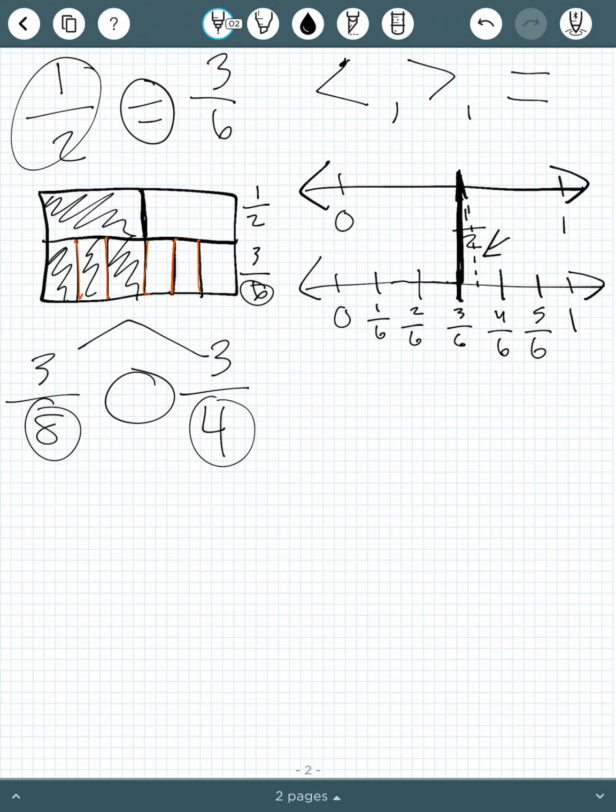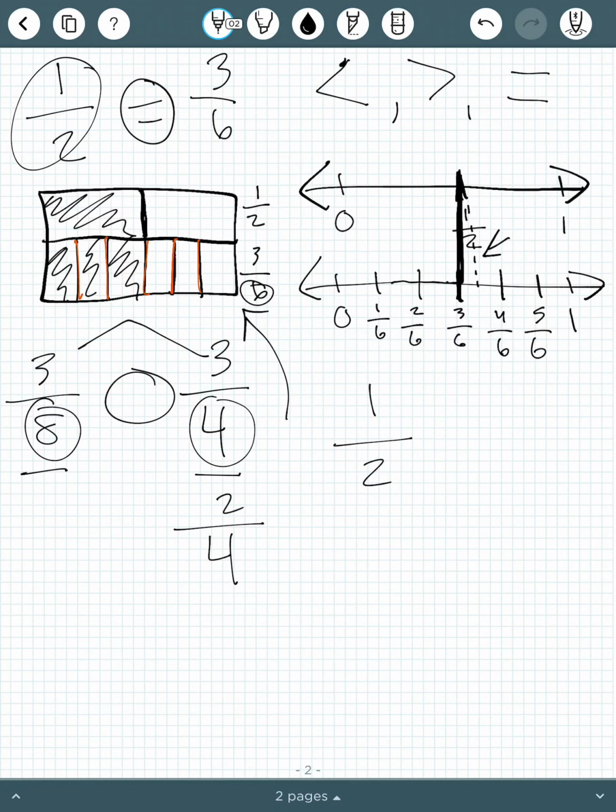So they are more than welcome to show a picture similar to this one, showing 3/8 and 3/4. But I also like to talk to them about how, okay, without even drawing a picture, which of 3/4 or 3/8 is closer to or over 1/2. So always using that 1/2 as a benchmark. So we know that 3/4, half of 4 is 2.